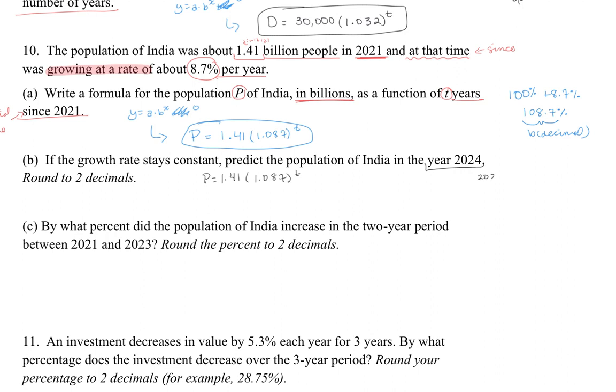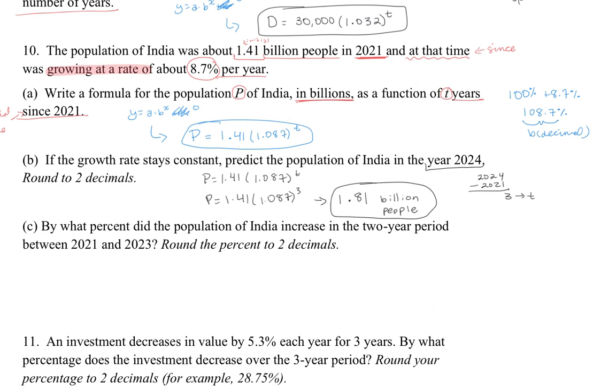So if we wanted to find that difference, we would subtract them and get 3. So this is actually our T. So we want to know our population 3 years after 2021, which is 1.81 billion people. Right, because we just said that whatever number we get is just in billions.